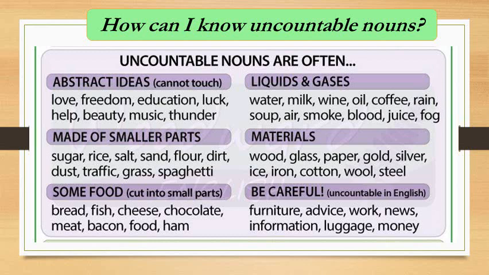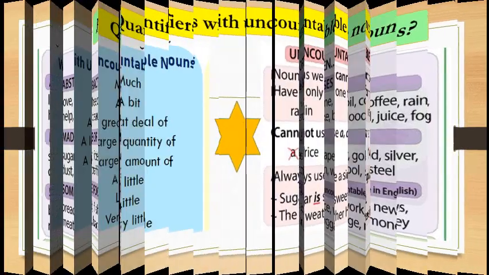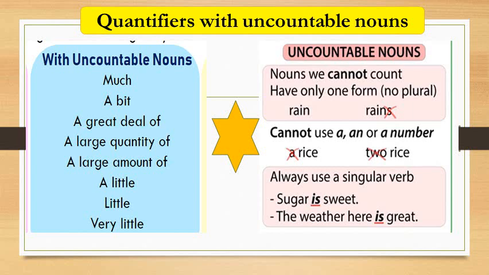Okay, uncountable nouns, nouns that we can't count. Can you count water? No. Okay, quantifiers with uncountable nouns. With these uncountable nouns, we use much, a bit, a great deal of, a large quantity of, a large amount of, a little, very little.